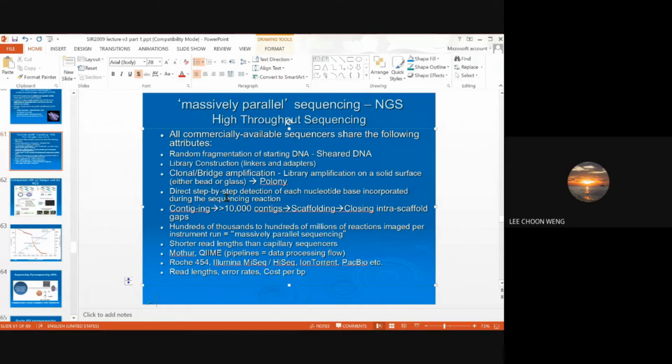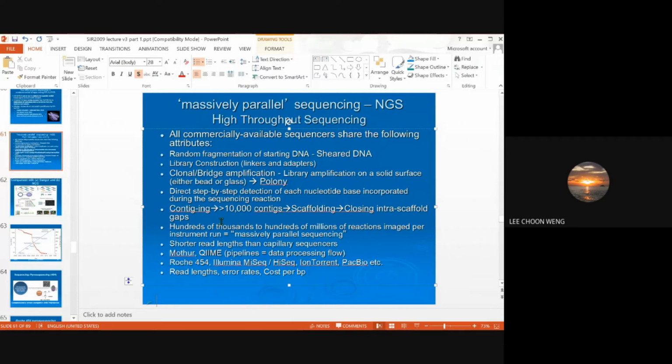So when it's incorporated, a different color will fluoresce. That's why you need a very good imaging system that is able to detect the different colors being released. So that's how they are able to carry out the sequencing by synthesis part.